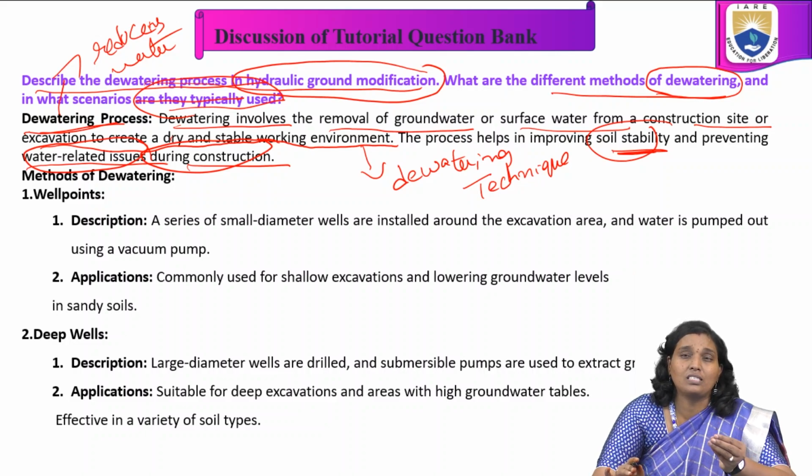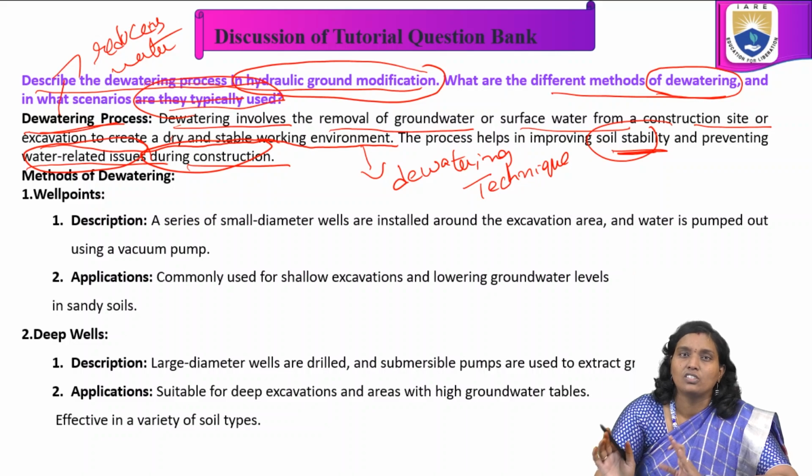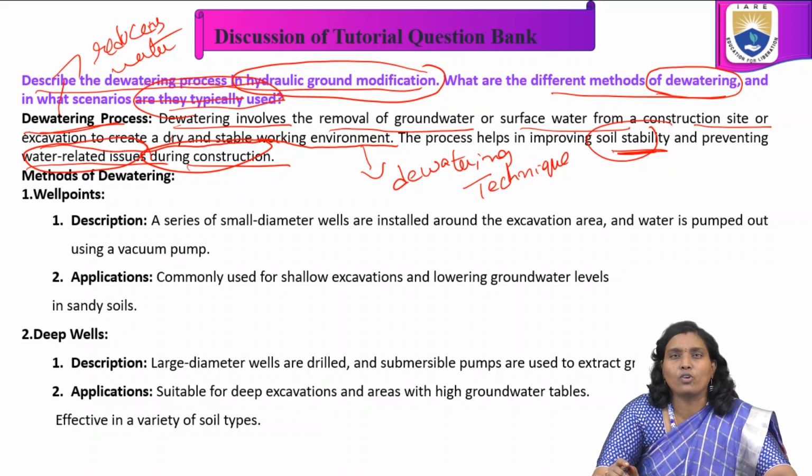Improving soil stability is one of the important parameters whenever the groundwater level is high and deep foundations are required. In such conditions, to prevent water related issues during construction, we choose the dewatering process.